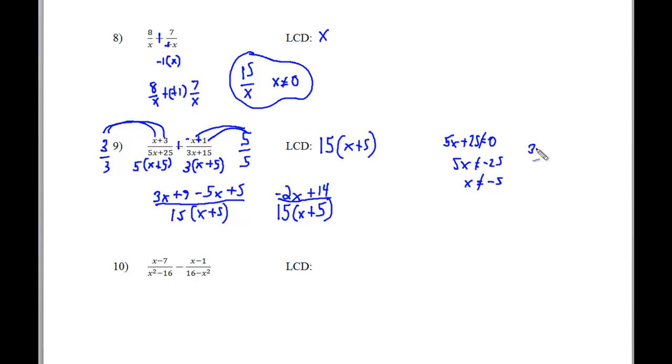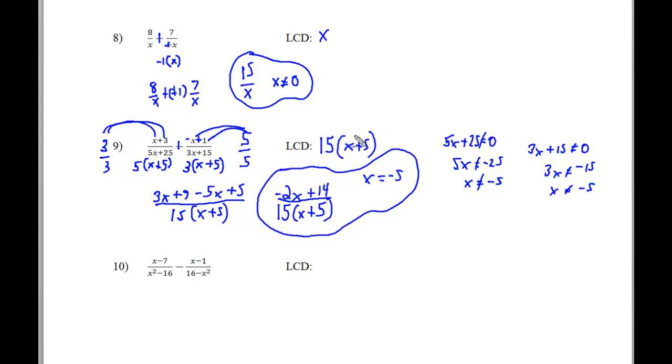I'm going to take my 3x plus 15, set that not equal to 0, move the 15 over, 3x is not equal to negative 15, and divide both sides by 3, x is not equal to negative 5. And one of the reasons why I didn't talk about my excluded value at the beginning is this might have given you a little window into the idea of what the least common denominator could be, since they both have this common factor inside here when we look at finding our excluded values.